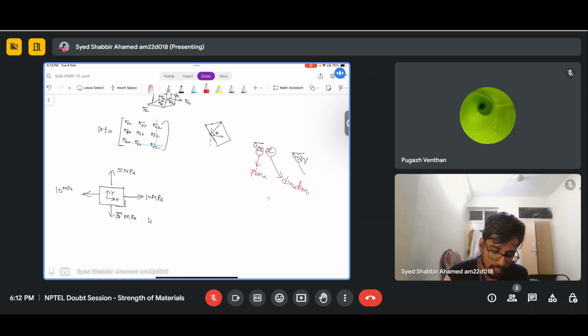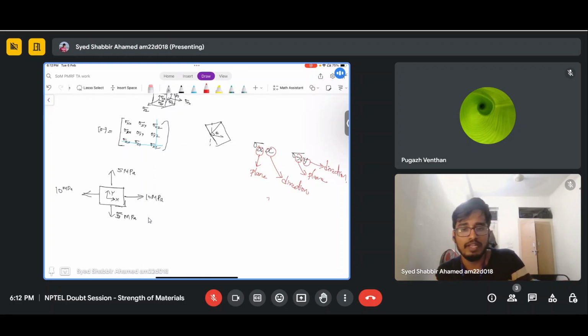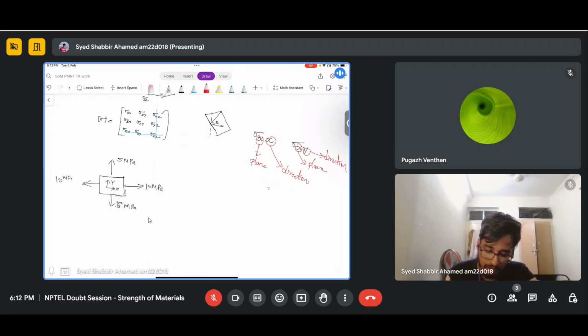Here also the same: this is plane and this is direction. So always remember, first is plane and the second is direction. Let's say I have shown this, right. In this element, if I write, this is the origin and this is, let's say, x, y and z.